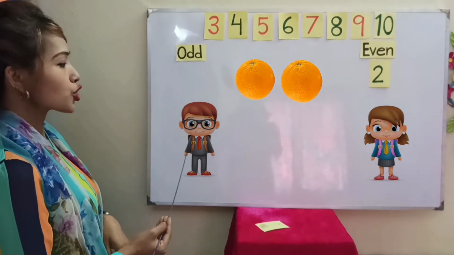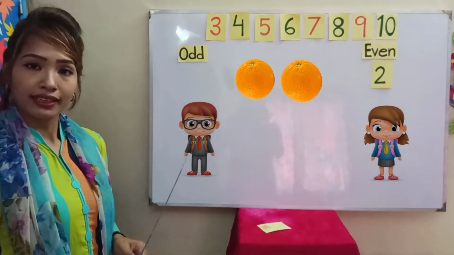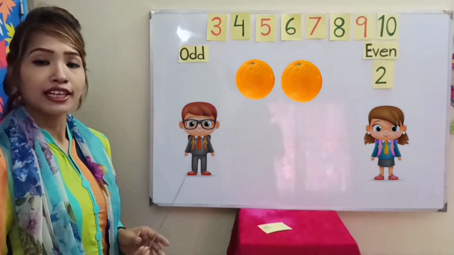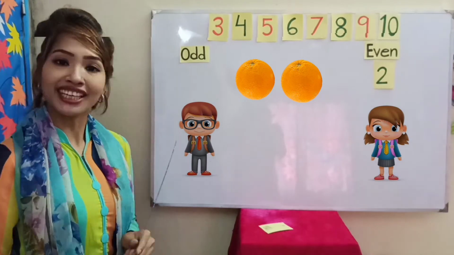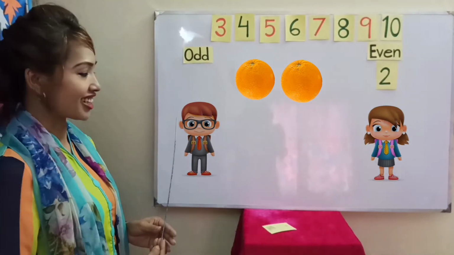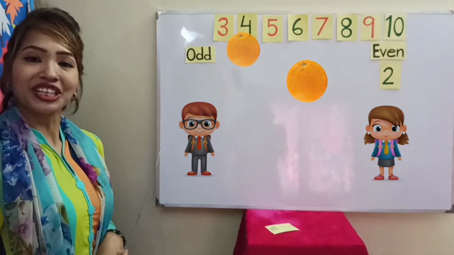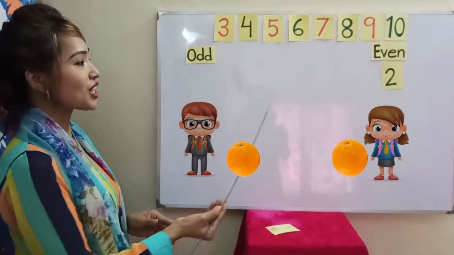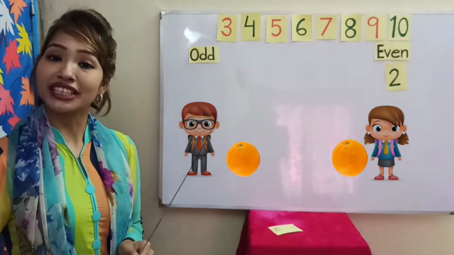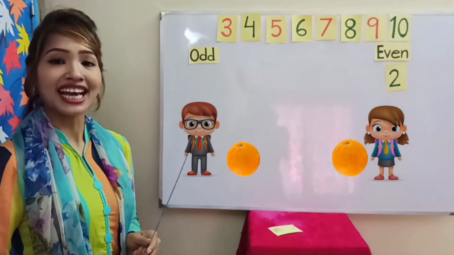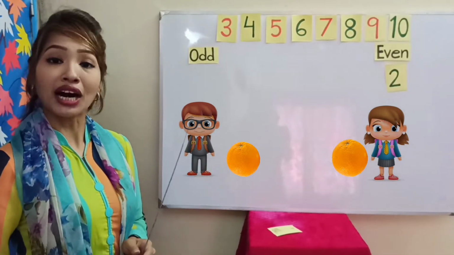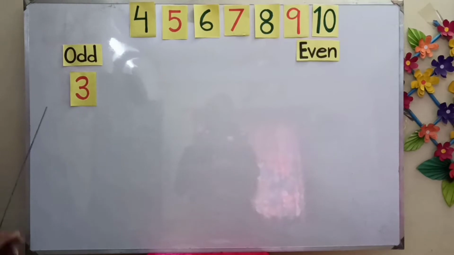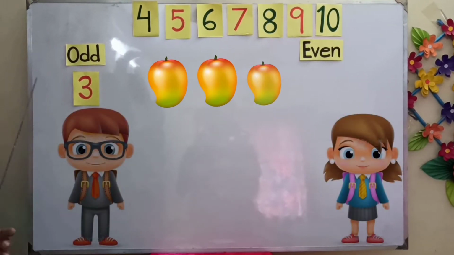Tony and Molly, are they going to get 2 oranges equally? Yes, sure. Tony got 1, Molly got 1. So, 2 is even because I shared 2 oranges equally among them. So, babies, 1 has gone, 2 also gone.